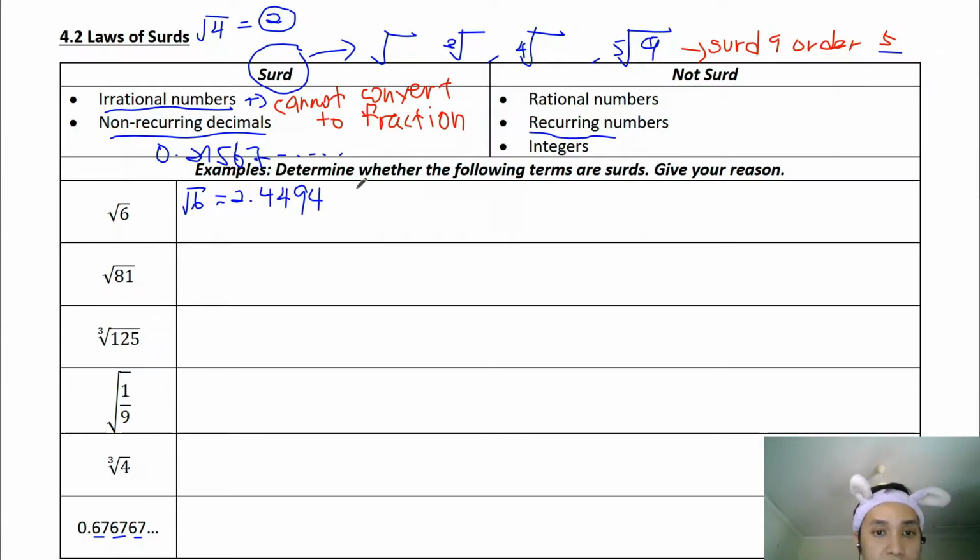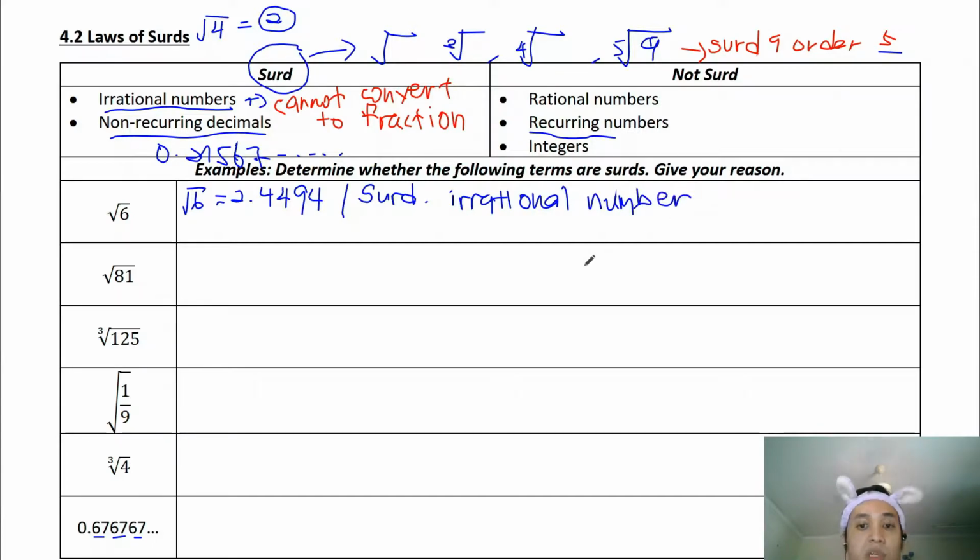So this one is a Surd, because it is a non-recurring decimal, or we can say an irrational number, meaning I cannot convert this into a fraction.